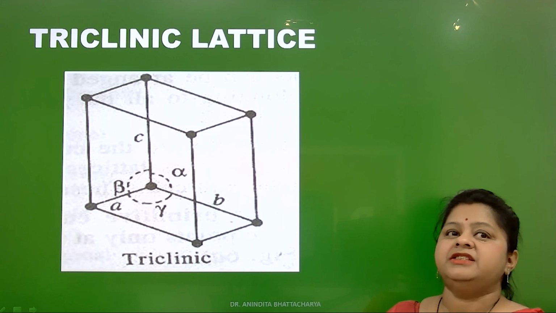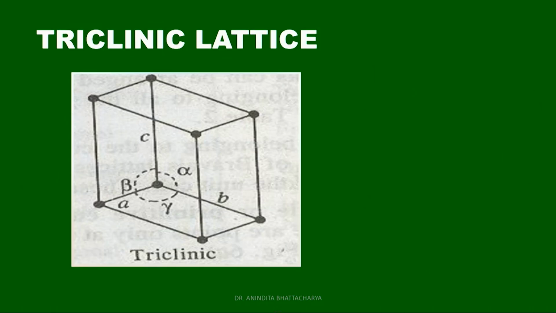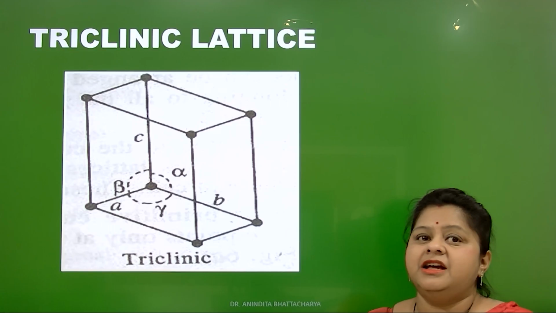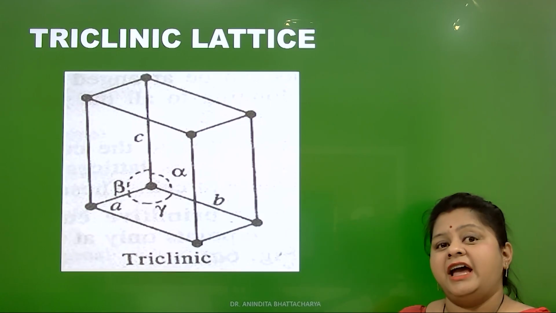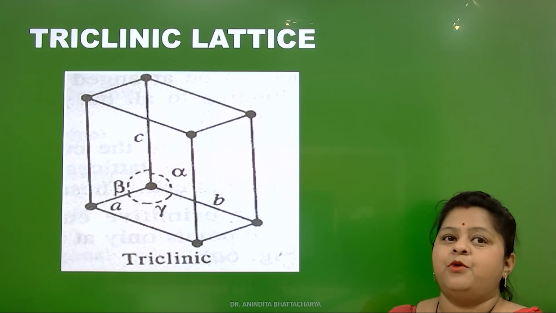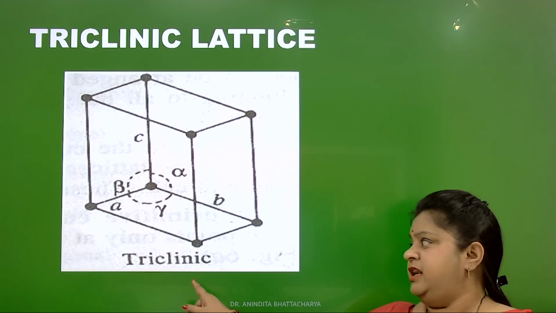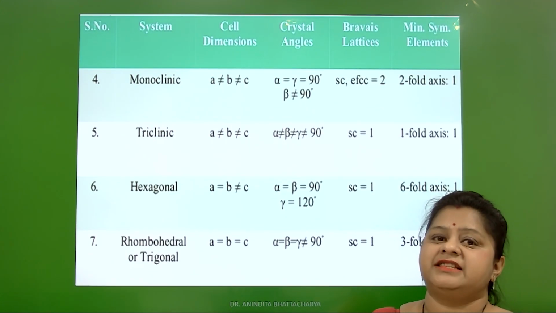Next is triclinic, and in this you can see that not a single side is equal, nor are the angles equal. So we have only one, the simple. Next comes hexagonal.